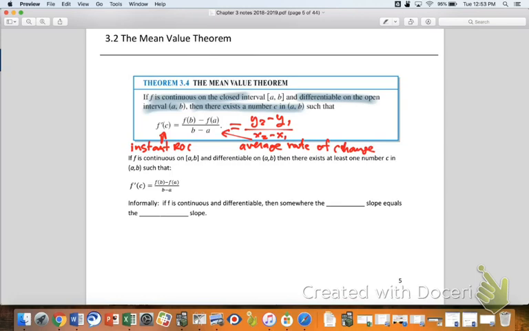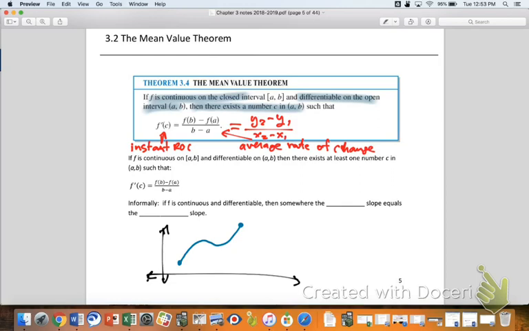Does that make sense? Let me draw a graph for you down here. Let's say, this will be a little more generic. Let's say I've got a y-axis and I've got an x-axis, and I've got some graph. Let's go with a graph that looks like this. Does that work? So there's a graph.